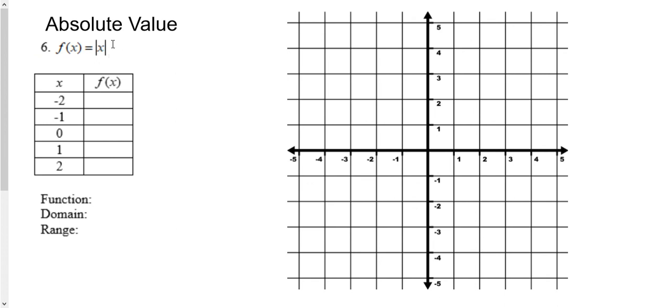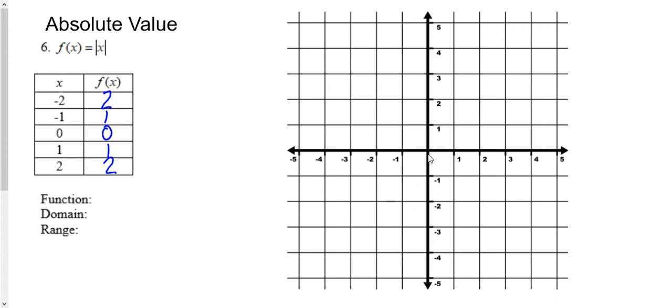Absolute value just means whatever number is inside those vertical brackets, whatever that answer is, it's always going to come out positive. So if I had negative 2 inside that pair of brackets, it's going to come out as a positive 2. Negative 1 is going to come out as positive 1, and 0, 1, and 2 stay the same respectively.